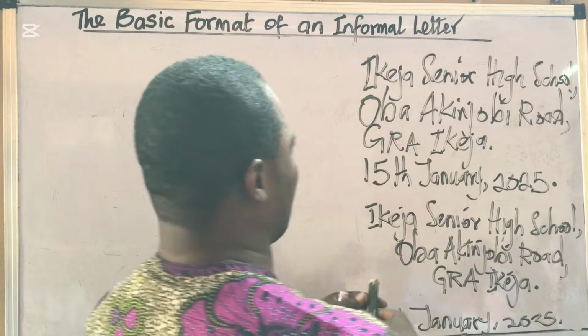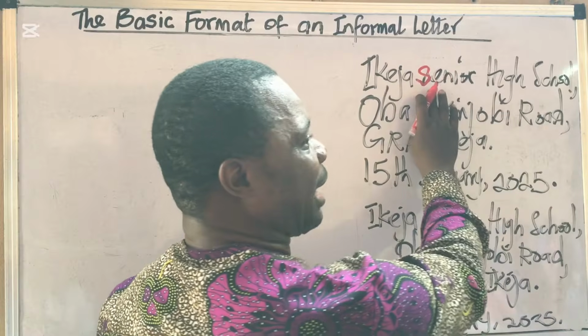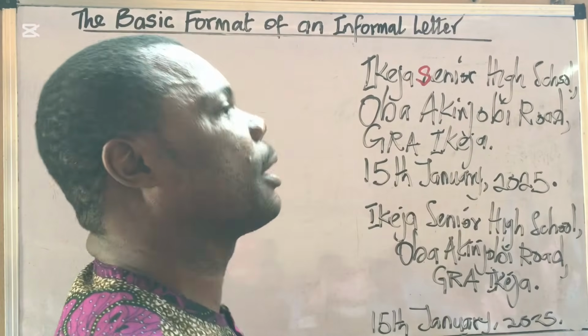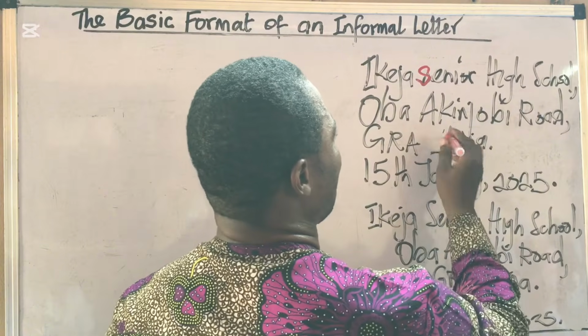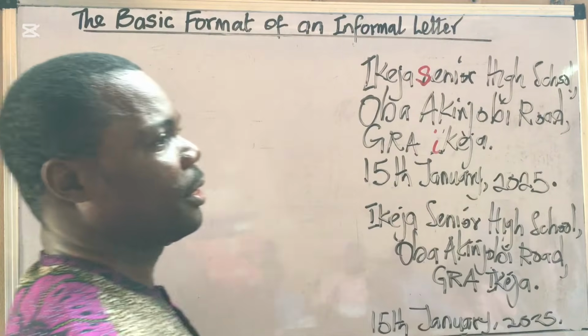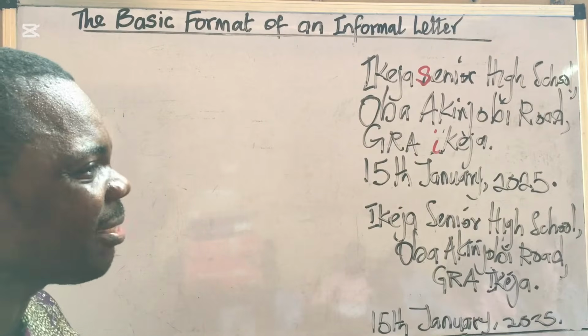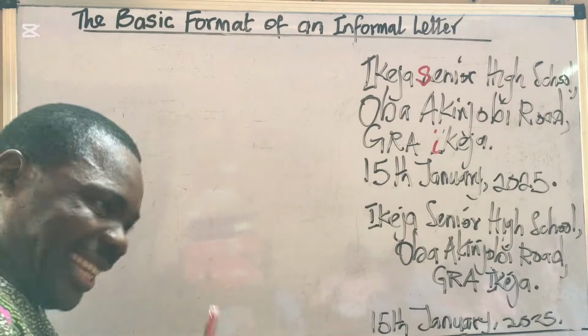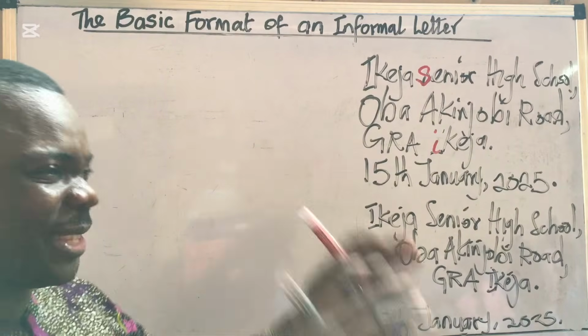So when you are writing something like Ikeja Senior, and Senior carries a small letter, you already get yourself into trouble. Or you want to write Ikeja, then some people will do something like this. So you're already preparing for what? Trouble.